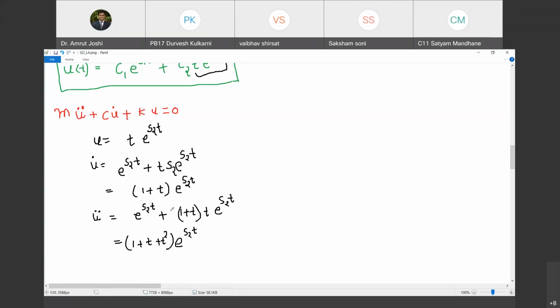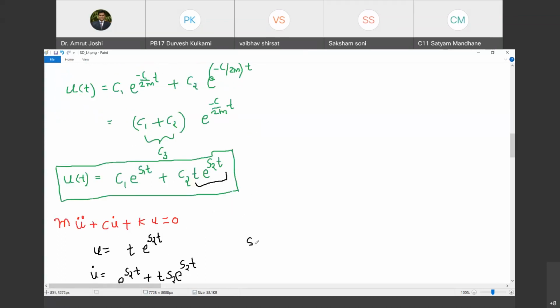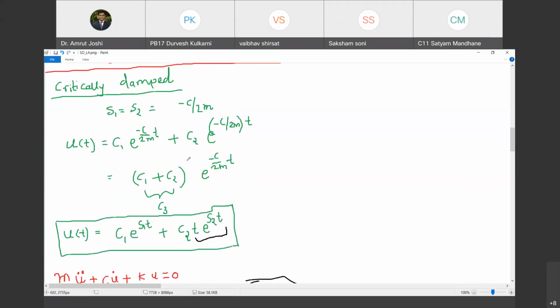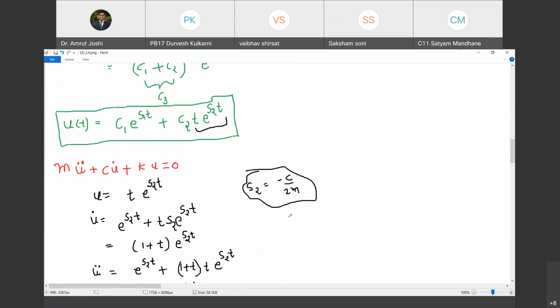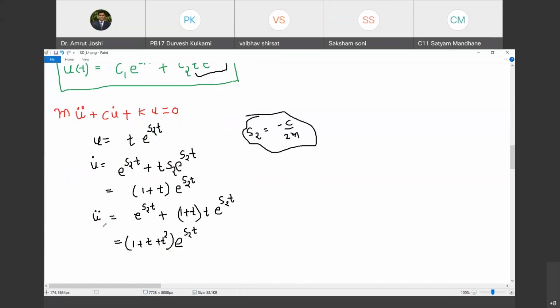Now what I encourage you to do is substitute the value of s2 as minus c by 2m. Happy? Look, here the value of both s1 and s2 is minus c by 2m. Are you with me? Yes, sir. And substitute u double dot here, u dot here, and k and u here.